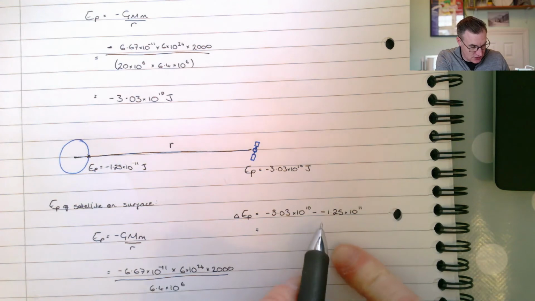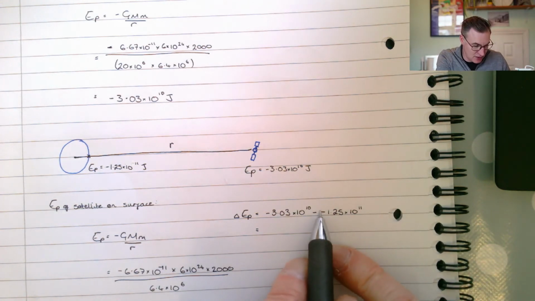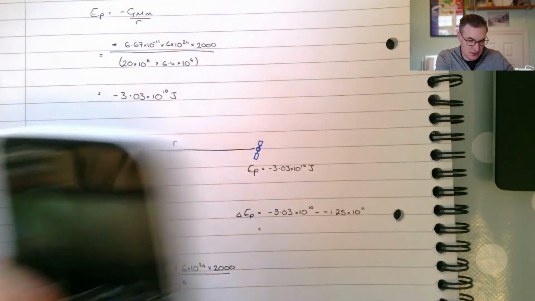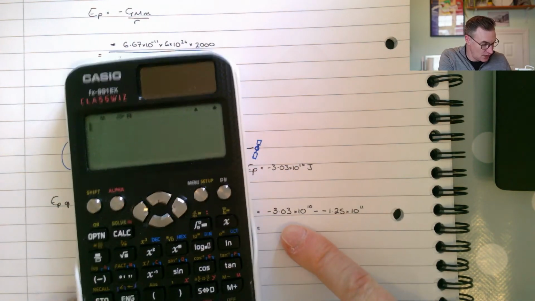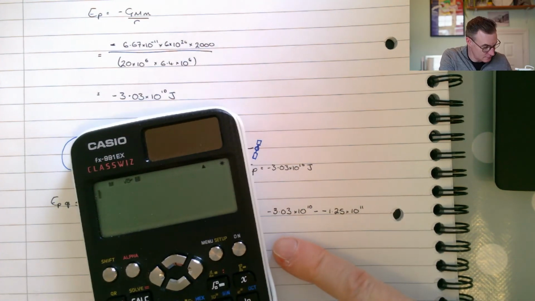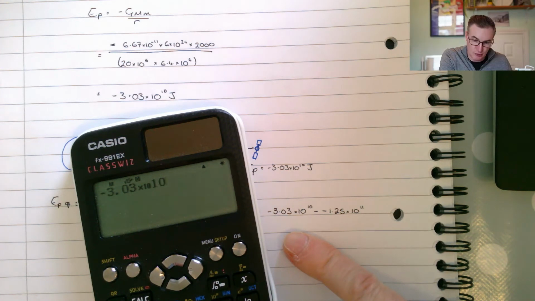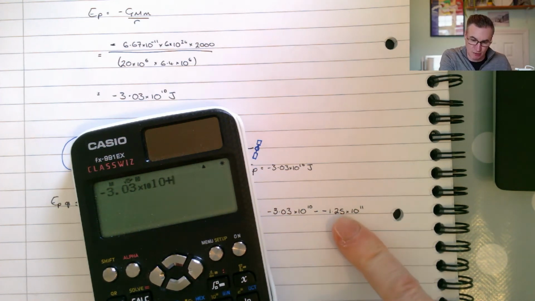Now this is the clever bit. The minus turns into a plus. And if we work this out in our calculator, I'm just going to put it in, minus 3.03 times 10 to the power of 10. We know that changes into a plus, which is okay. So 1.25 times 10 to the 11.